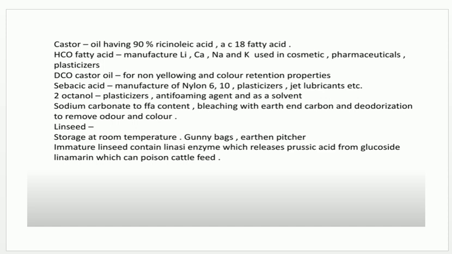Immature linseed contains the linase enzyme, which releases prussic acid from the glucoside linamarin, which can poison cattle. So never feed immature linseed to cattle because it is toxic.